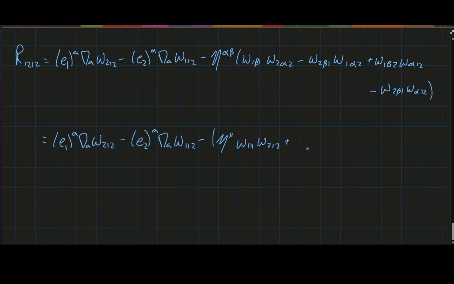plus omega 2, 2. So we're only going to be using the diagonal components because eta is diagonal. And then this is going to be omega 1, 2, 1, omega 2, 2, 2. Let's see.